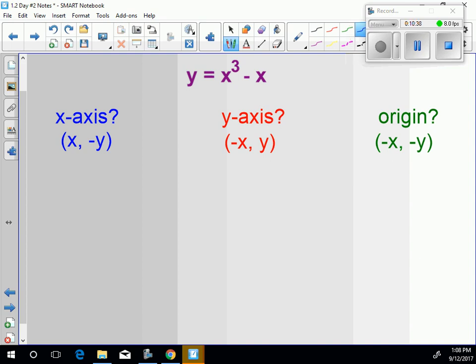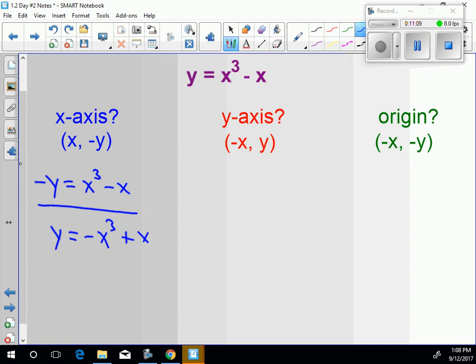If I plug in negative y in for y and leave x the same, and then I attempt to get this to look like it used to, I can't do it because I either have this or I have that. And neither of those is equivalent to the original equation.